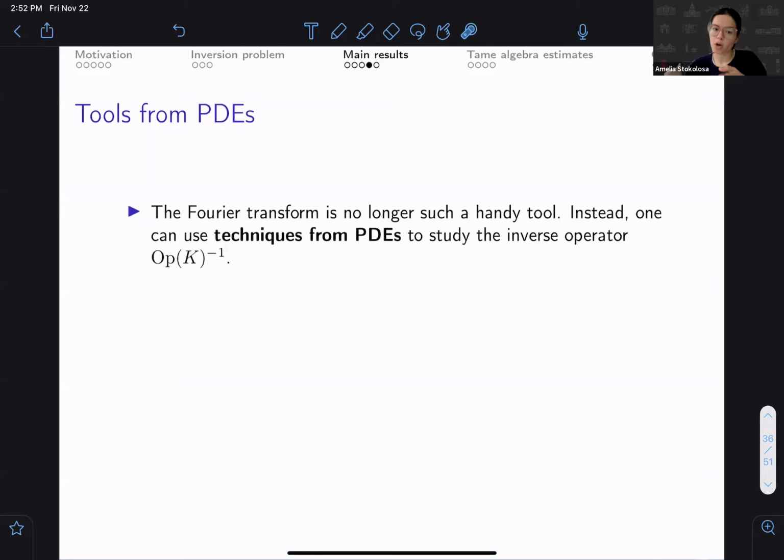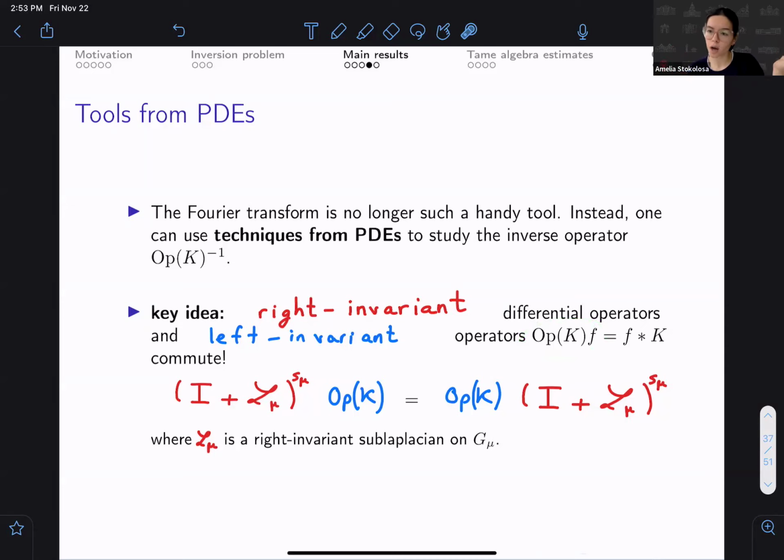So we're going to make use of this commutativity by defining right invariant non-isotropic multi-parameter Sobolev spaces using this key identity. So our L mu's here are the right invariant sub-Laplacians on each graded Lie group. So with this key idea, we're going to define Sobolev spaces with which we can construct an a priori estimate.